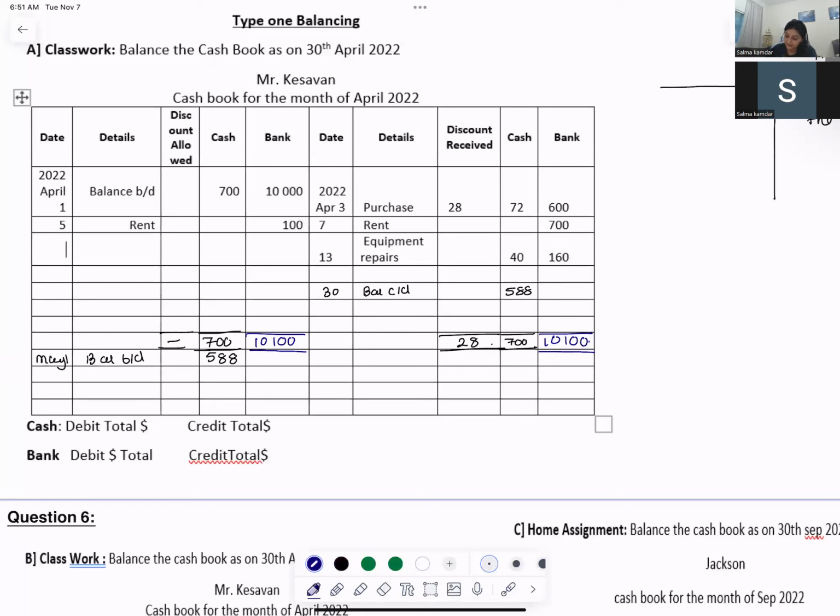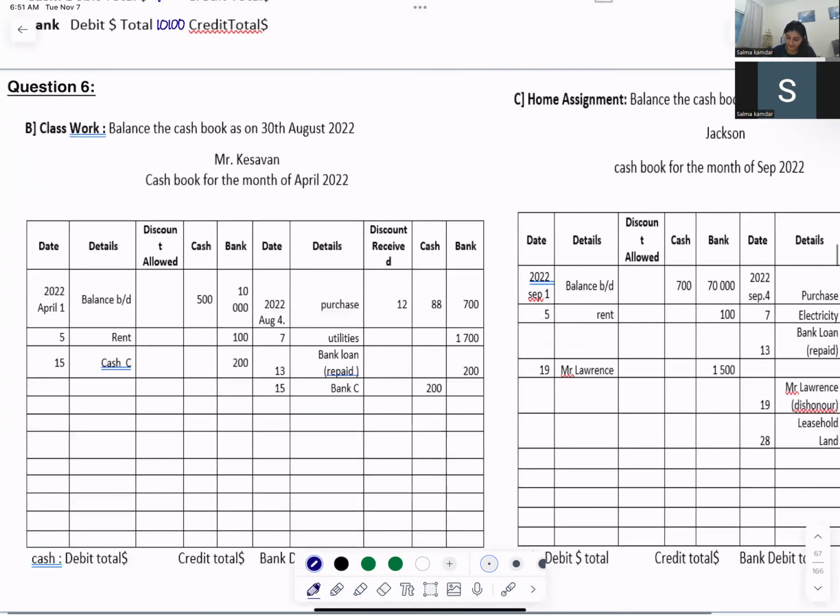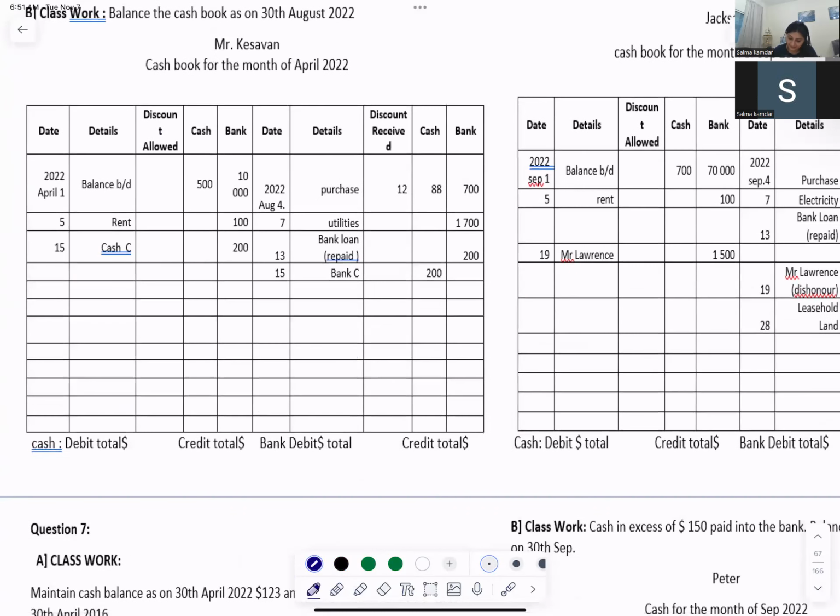So after deducting, I'm getting a balance of 8640 and the same balance is brought down, 8640. The debit total of cash is 700. The debit total of bank is 10,100. Because I could directly see which total is less, I have written over here. Directly. Let's not do directly and do the balancing of the second sum.